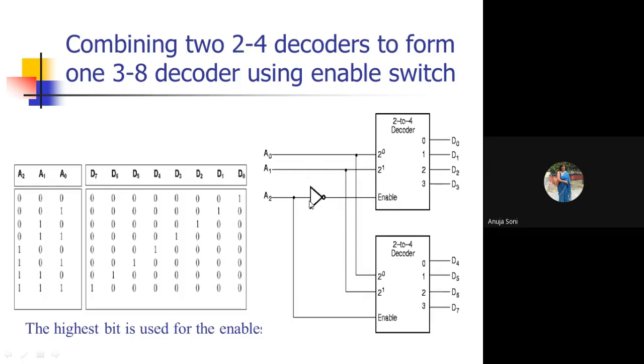So whenever its inverted value applies, all the values are 0, and otherwise A2 as such means all the values are 1. The remaining combinations of A0 A1 will be 00, 01, 10, 11 corresponding to all zeros, and similarly 00, 01, 10, 11 corresponding to all ones. So these will be the combinations, and ultimately the same D0, D1, D2, D3 are being generated.